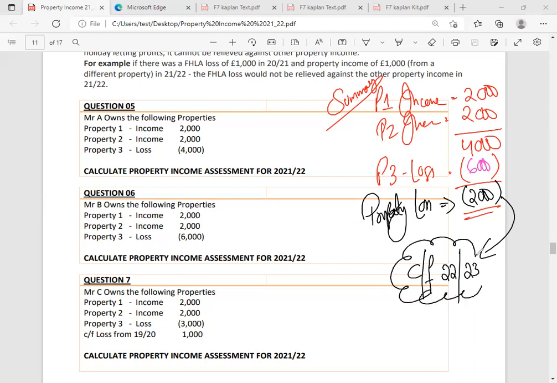This means under non-savings there will be no property income, because we have an excessive loss, and the excessive loss is going to be adjusted against next year's property income. How to do that? We are going to see this in question number 7. Any confusion, please?